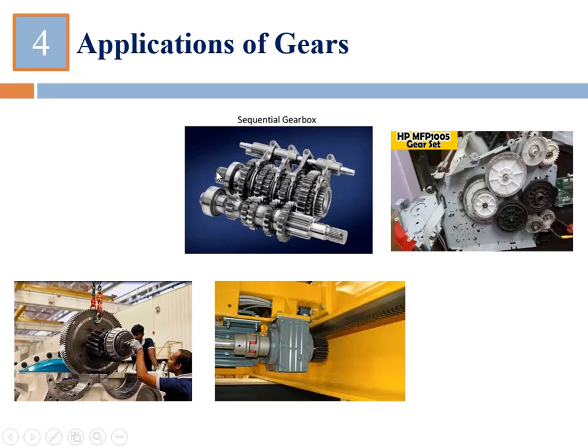When this shaft rotates, this shaft will rotate, and this happens just because of the connection of the gears. When we want to make this output shaft rotate at a higher or lower speed, then we shift the gears. So this is a shifting mechanism. We shift the gears. Here you can see that we have gears of different diameters.